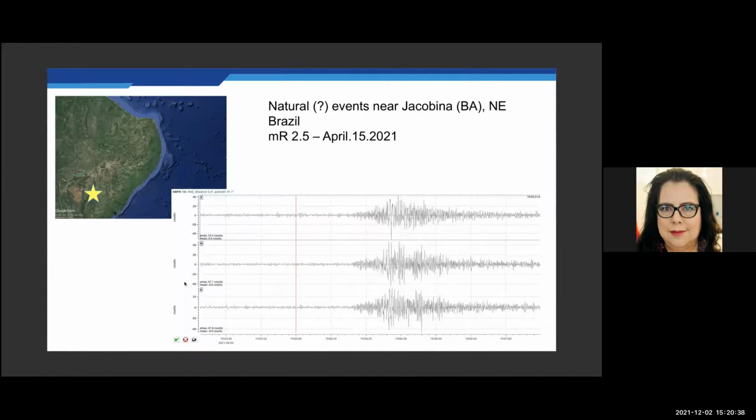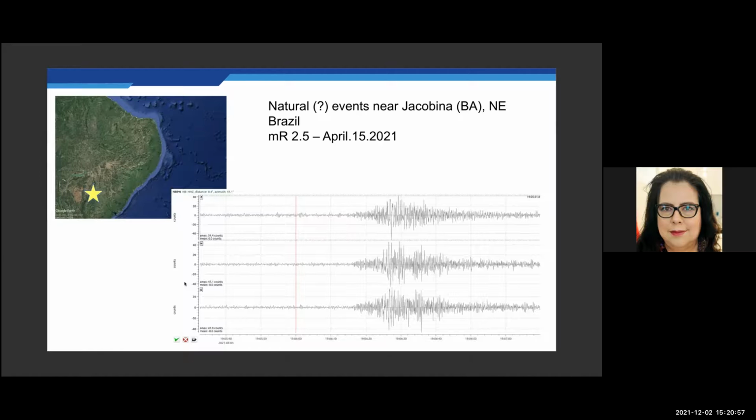And there's another typical one, which we here in Natal are particularly interested in. It's the events near Jacobina in Bahia. Jacobina turns out to be a very prolific mining district in Northeast Brazil.